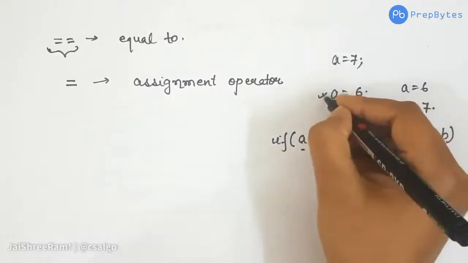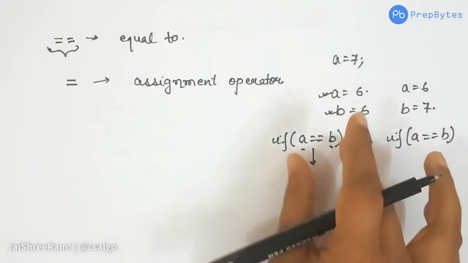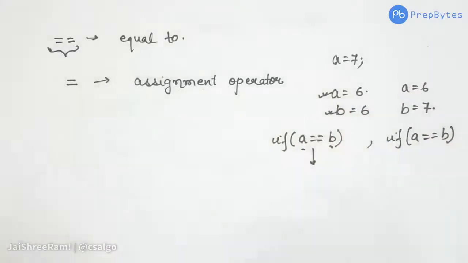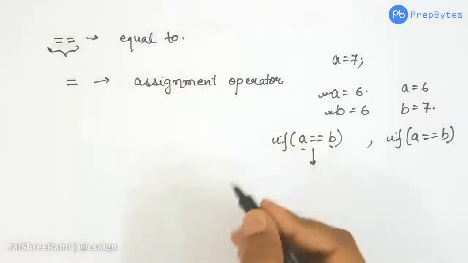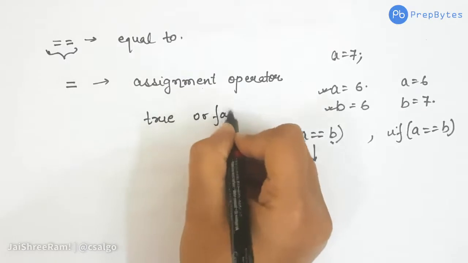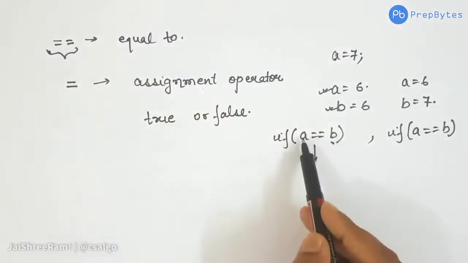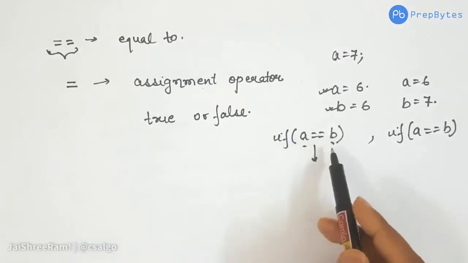A has value 6, b also has value 6. So the result of these operators is either true or false. We are checking whether the comparison that we are doing is true or false.